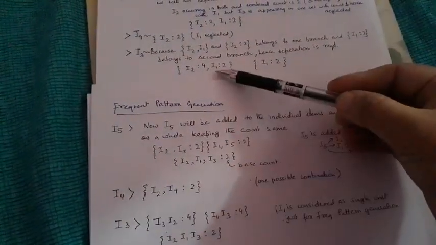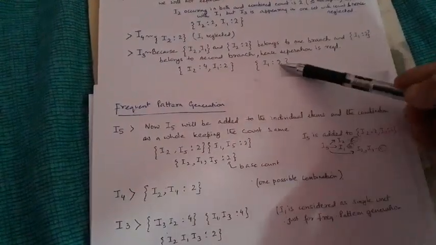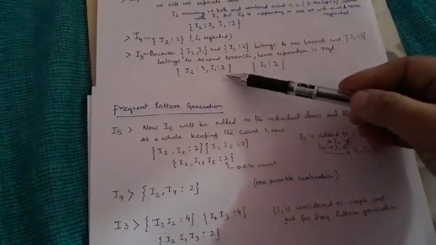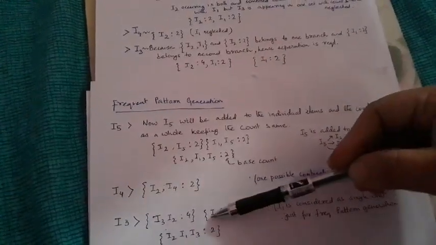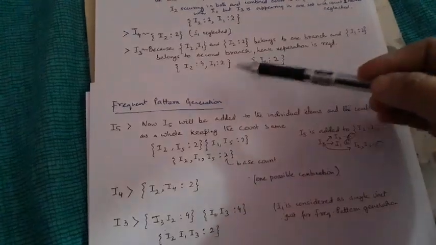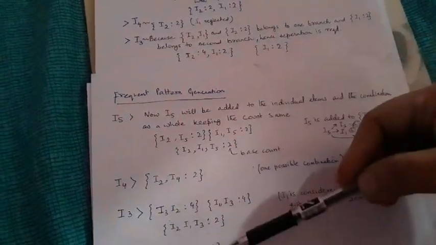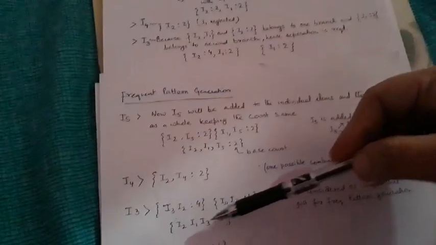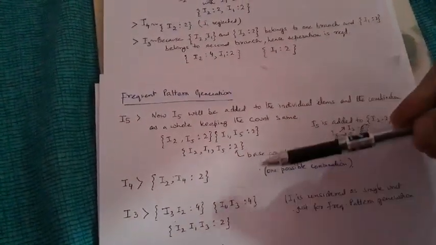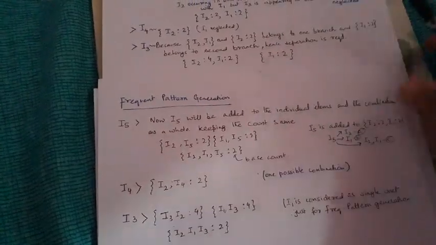Okay, so though we have written I1 here separately in the previous step, we will combine it. We will treat it together. So that's why 2 plus 2, 4. So that is why we are writing here I1, I3, 4. That means we are taking it as one single unit. And last we know all together I2, I1 and I3, and keeping the minimum count, that is your base count, 2. Okay, so that is I3.